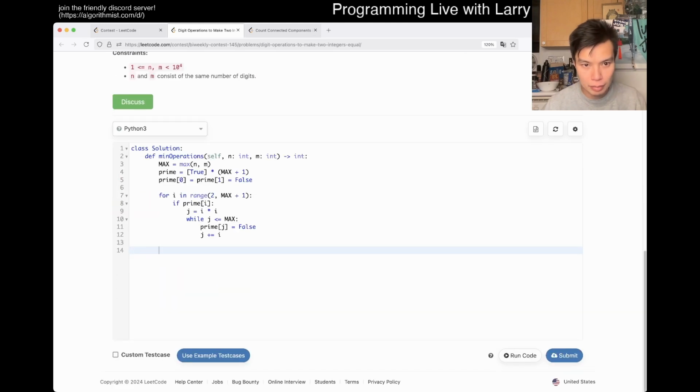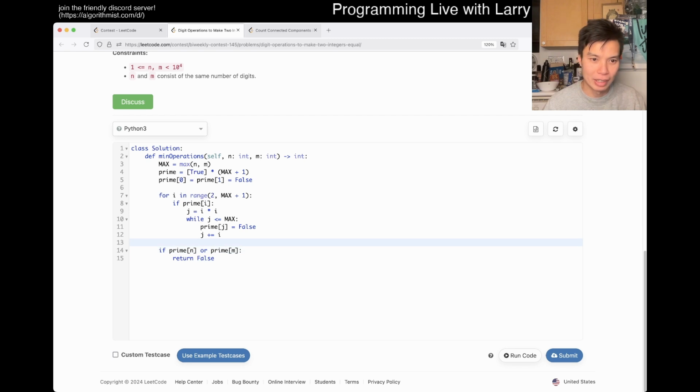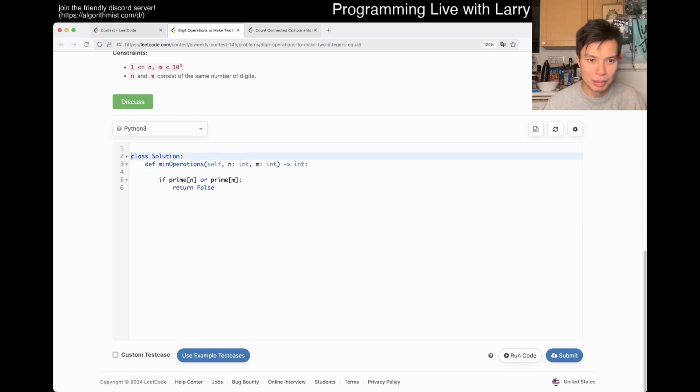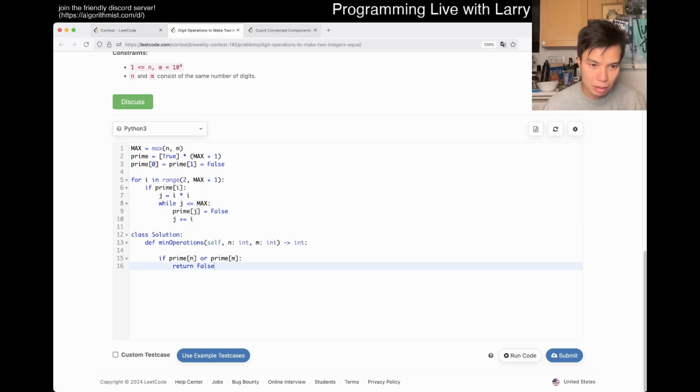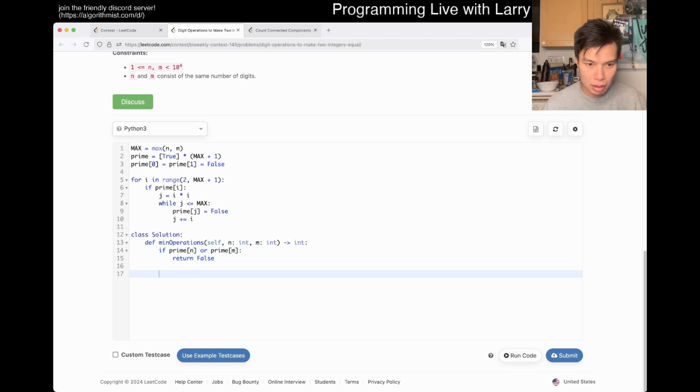So then if prime of n or prime of m return false, we probably should take this outside. Actually, I forget about this Leetcode business. Okay. Silly Leetcode. Oh, max has to be, say, 10 to the 4th now.